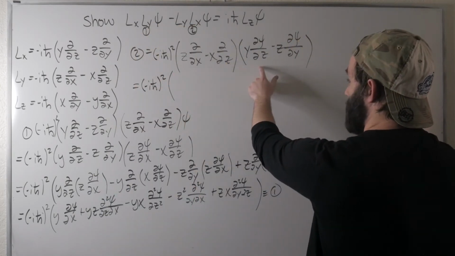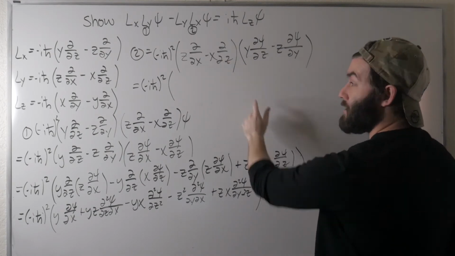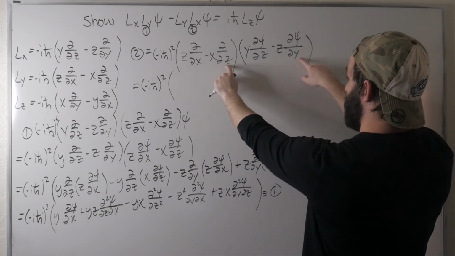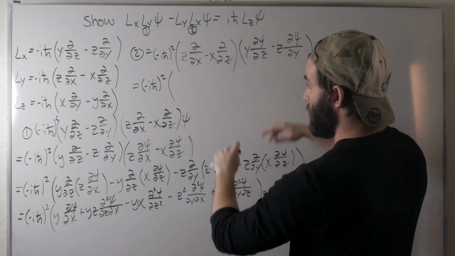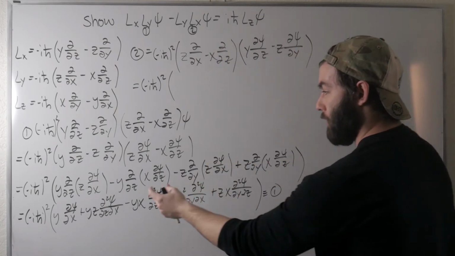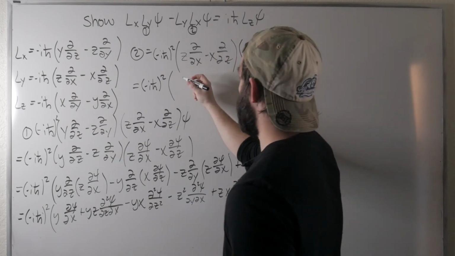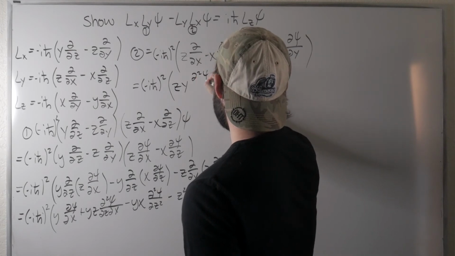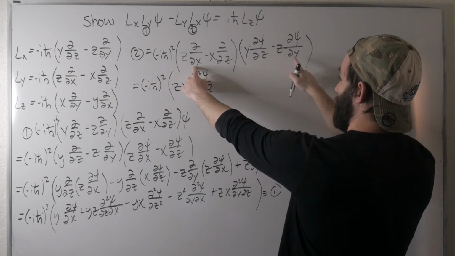We'll take these derivatives. By looking at this, we see that the only term that's going to be subject to the product rule is the last term, because we have a derivative with respect to z and then this product again. So that's the only term that we're going to have to be careful with. Okay, so I'm just going to write out the other ones now. So this is going to be zy d²ψ/dx dz. That's this term.